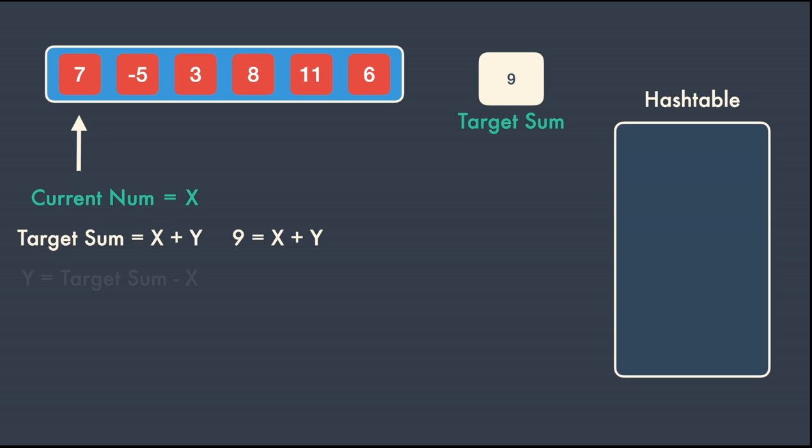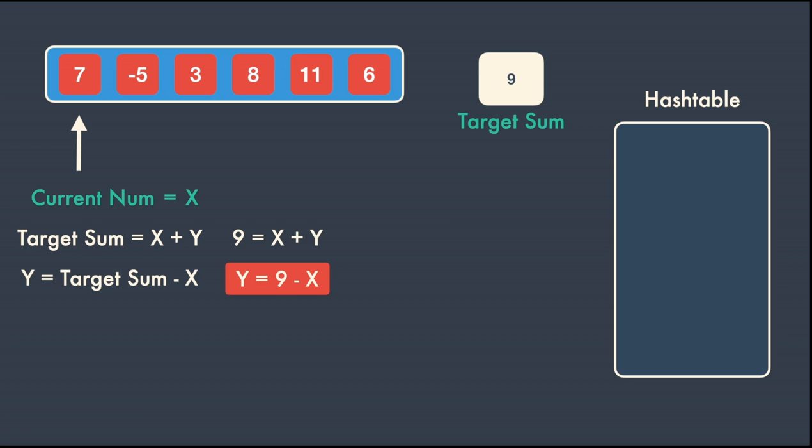So we can isolate y to be y equals 9 minus x. While traversing the array we have the value 9, which is our target sum, and the value x, whatever number we're currently at, and all we need to do is apply this formula to find y.